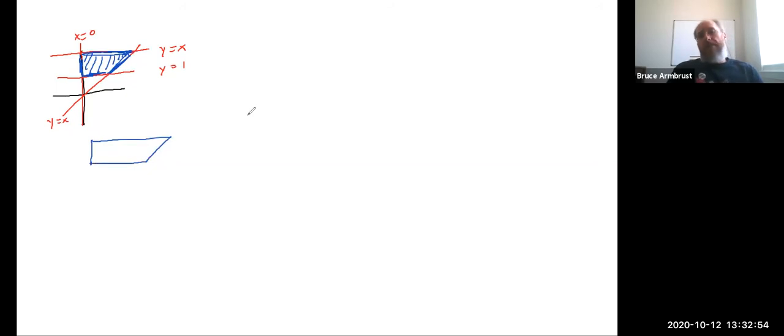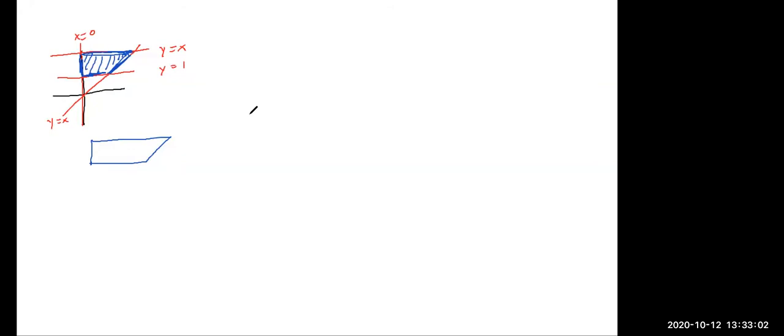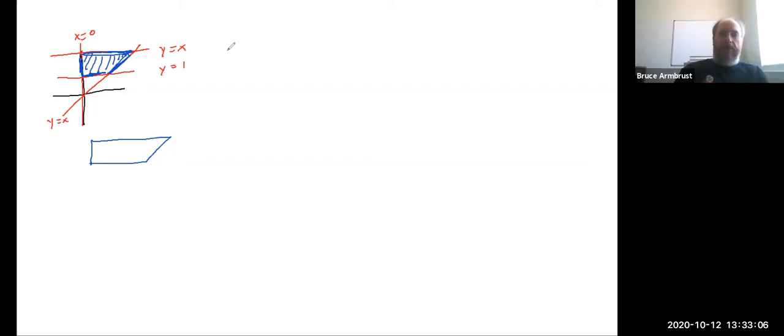So this shape, which way does this suggest we do integration man? Horizontally. Yeah, I agree. Because horizontally, integration man is going to be such that his head is always on y equals x, and his feet are always on x equals 0, right?